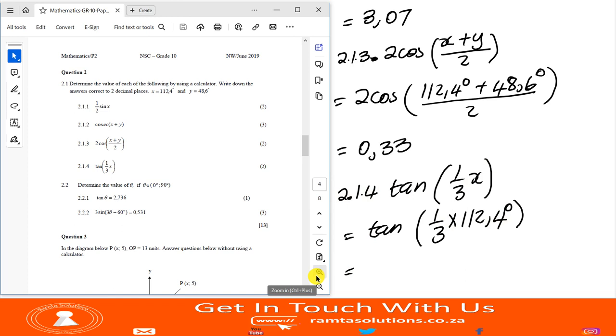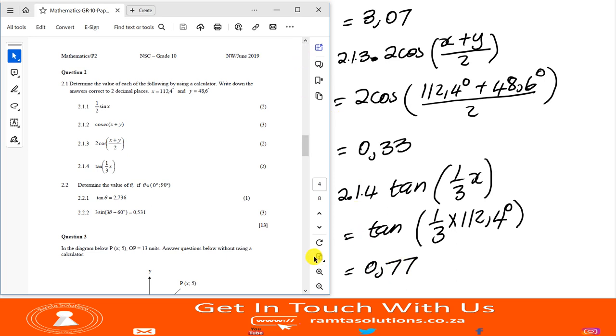You are using a calculator, so just get your answer directly. Tan open bracket 1 over 3 multiplied by 112.4 close bracket and get your answer. Your answer will be 0.77. Remember, you are rounding to 2 decimal places.